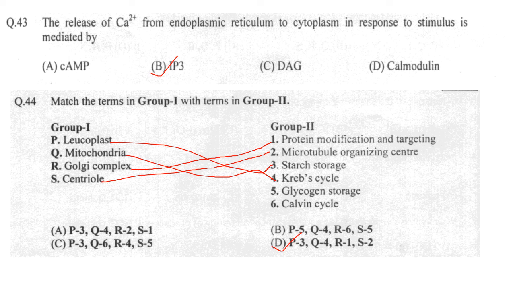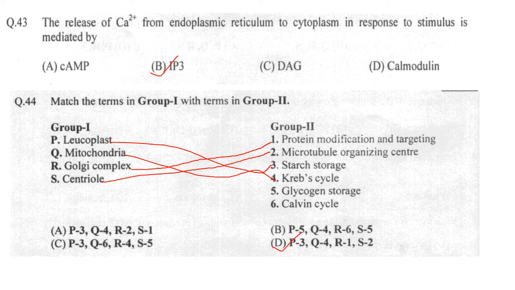Okay. You can even download the Lehninger book from the internet if you don't get it, if you don't have the hard copy of it. Okay, I don't know the site and all, but you can download it. The release of Ca2+ from endoplasmic reticulum to cytoplasm in response to stimulus is mediated by. Answer is IP3.